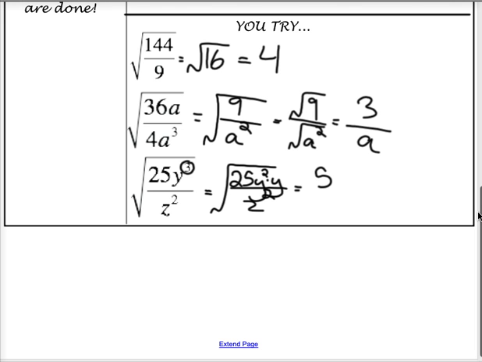Square root of y squared gives me y. Now, unfortunately, I do still have that one y sitting by itself left inside. That's why we pulled it apart, so we could see the piece that pulls out. And then the square root of z squared just gives us z. And there's our answer.